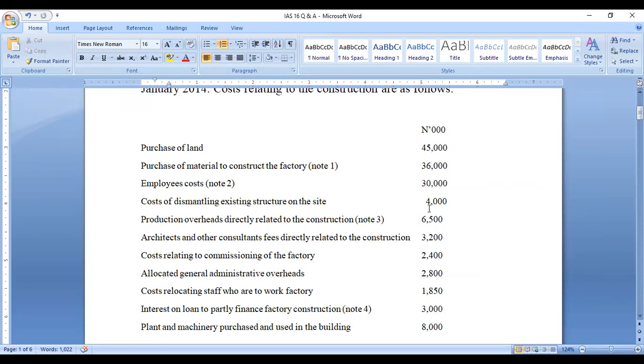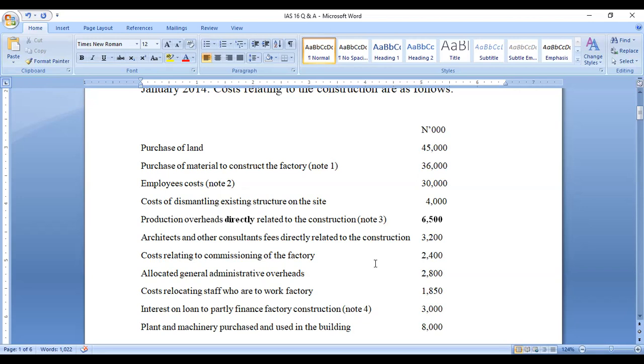That production overhead is directly related to the construction. It's 6.5 million. So we know that in calculating components of cost, we include costs that are directly attributable to that particular asset.